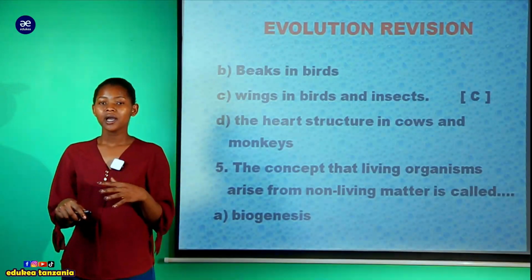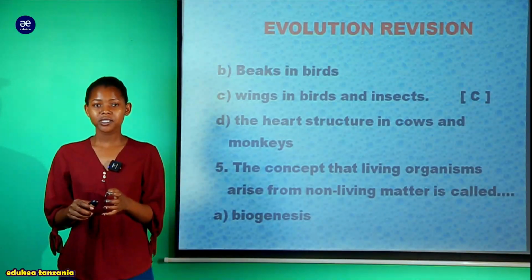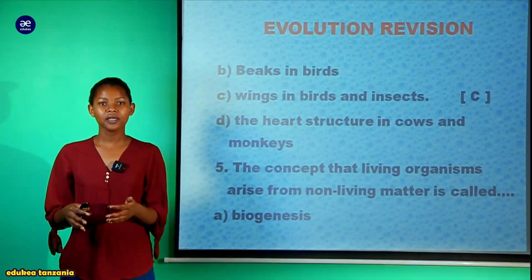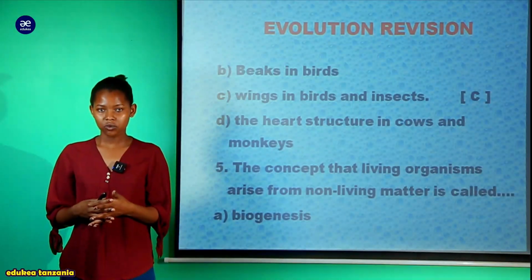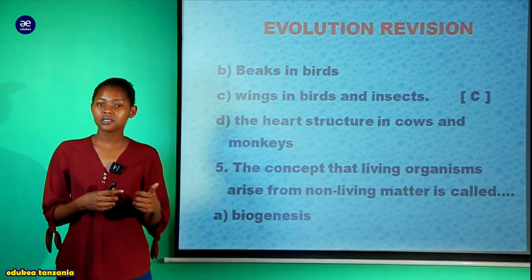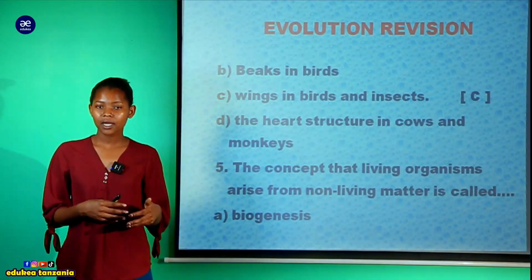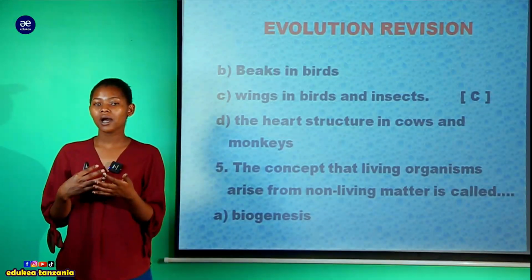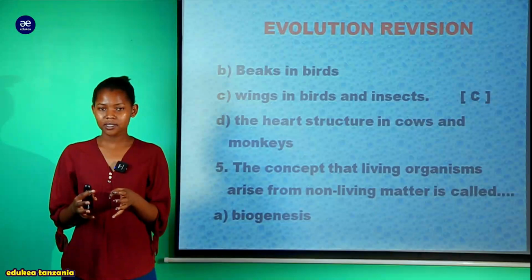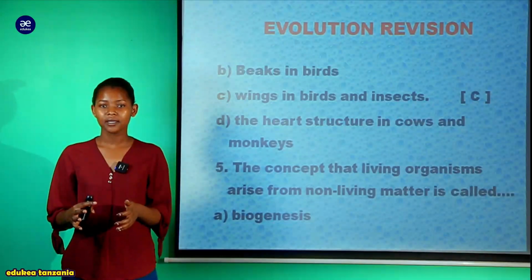Looking at birds, birds possess wings, and insects, for instance the housefly, also possess wings. So if you compare the wings of birds with the wings of a housefly or termites, all have wings and they use them to fly.